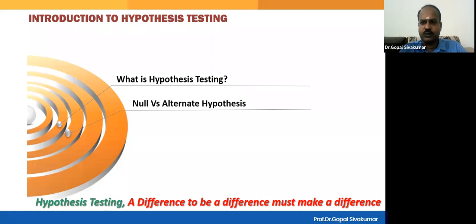Say you have two machines, machine number one and machine number two, and people are telling that machine number two can produce faster than machine number one. That means the production rate is different between the two machines. So whether this difference is really true or not, this question will get answered by hypothesis testing.